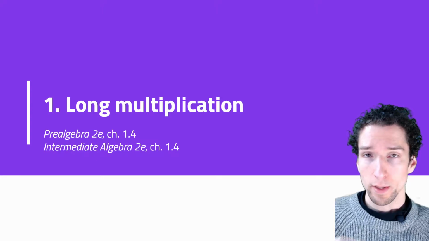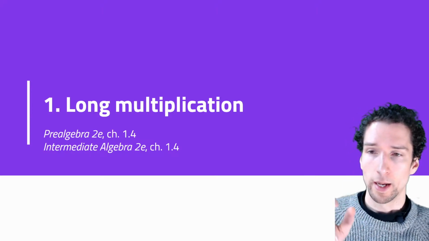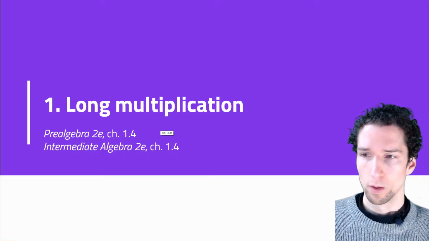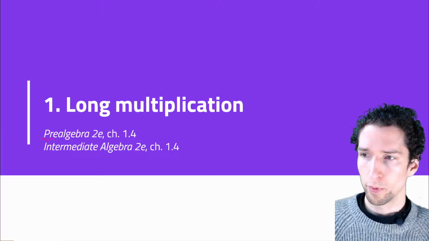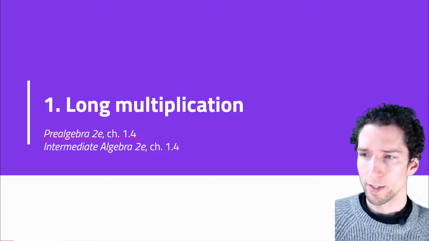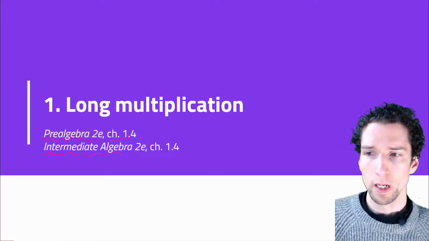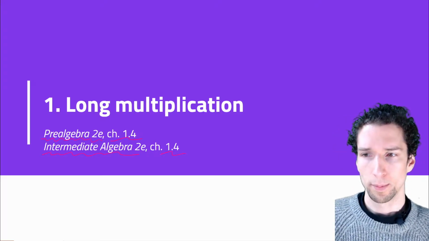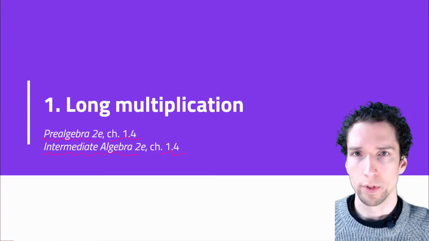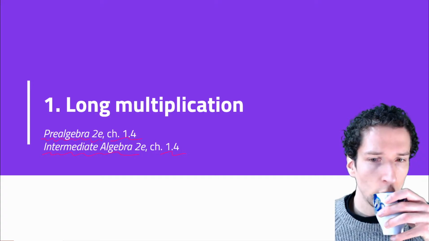When you see the practice questions and also the examples that I'll be talking about today, we are actually talking about 2 different textbooks, which we can see here. So the pre-algebra textbook, chapter 1.4, and also the intermediate algebra textbook, chapter 1.4. I gave links and information for all of those previously in day 1.